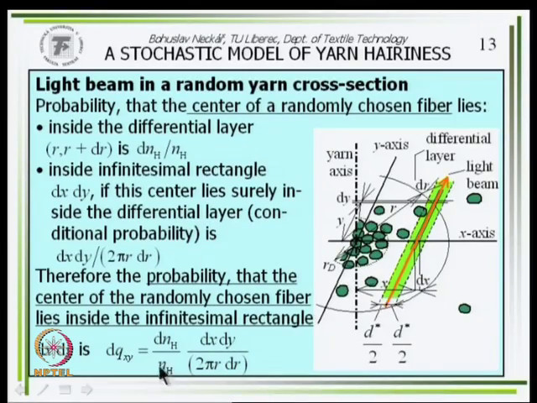Therefore, this probability that the center of the randomly chosen fiber lies inside the infinitesimal rectangle dx dy is dnh by nh, this here, times this here, times this. Yeah? Such probability we will call dqxy.